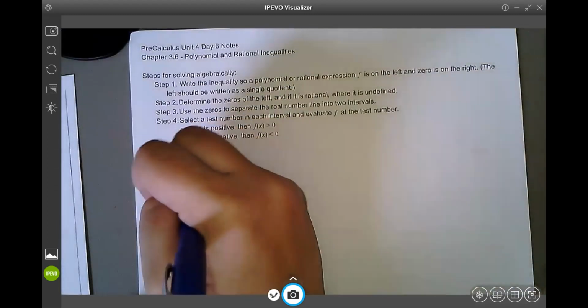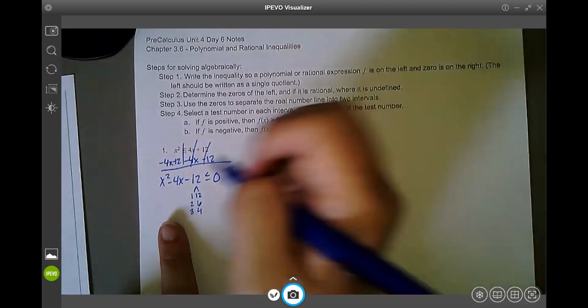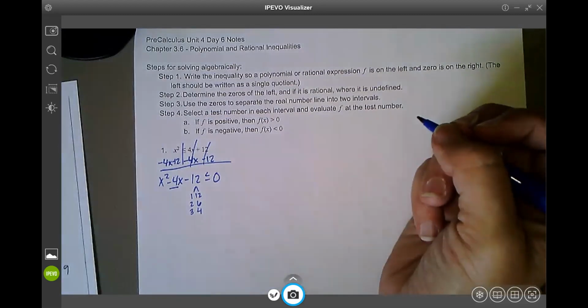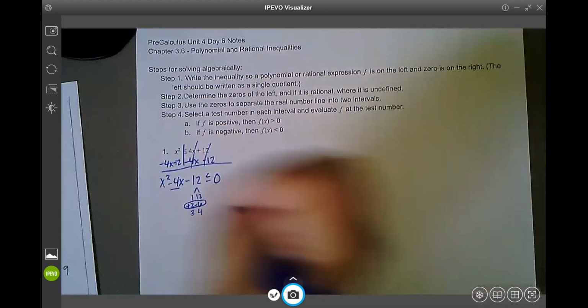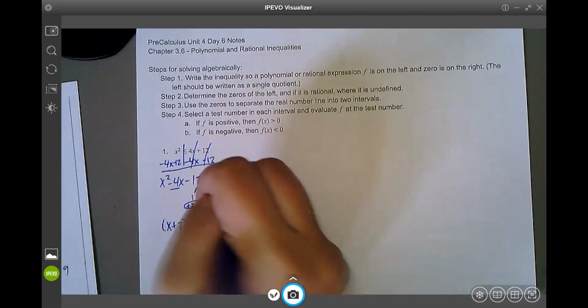My factors of 12 are 1 and 12, 2 and 6, 3 and 4. I need the pair of factors that add or subtract to give me b. So to get negative 4, I'll have positive 2 and negative 6. So I have x plus 2 and x minus 6 is less than or equal to 0.